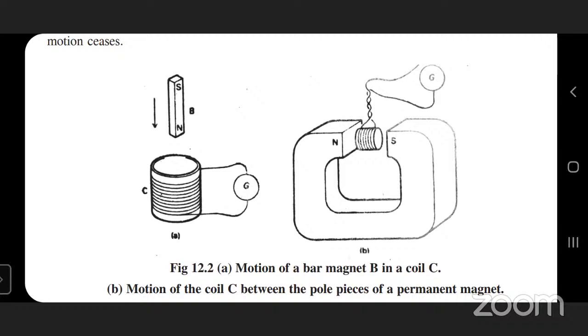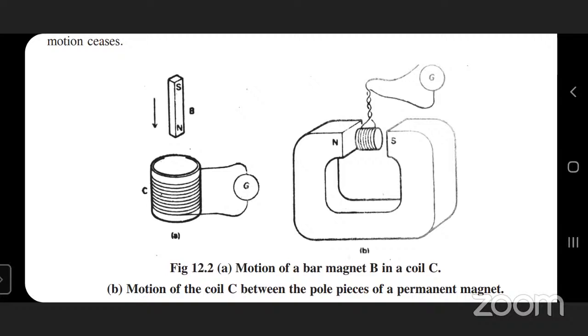The coil consists of a number of turns wound in a circular loop, and the two ends of the coil are connected to a galvanometer G. Whenever the bar magnet moves downwards towards the coil, what will happen? Due to the magnet, a magnetic field is developed. That means you are applying the magnetic field to the coil.